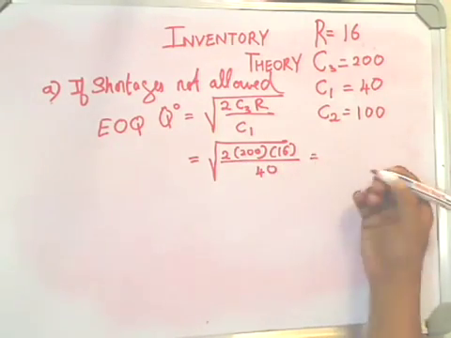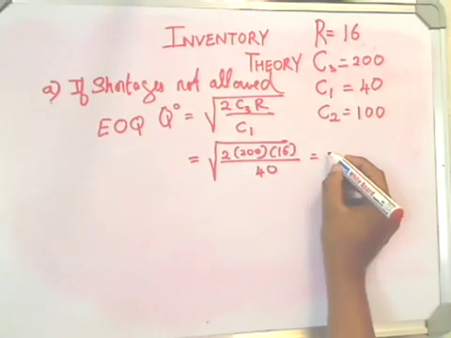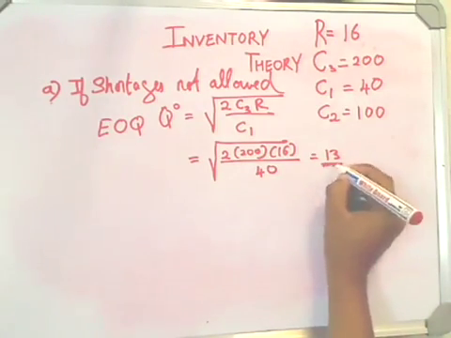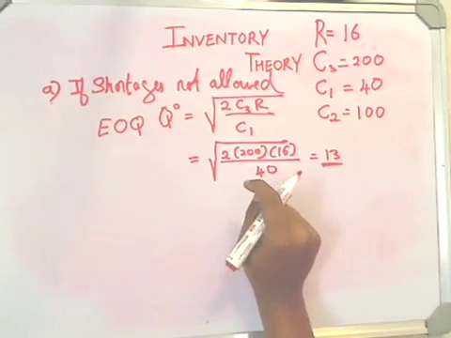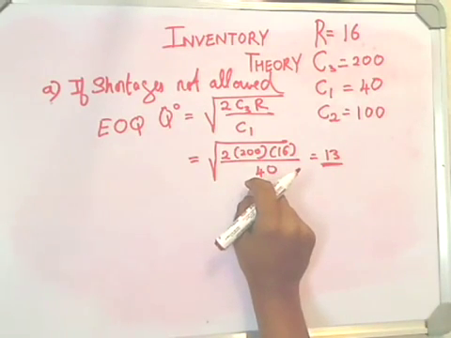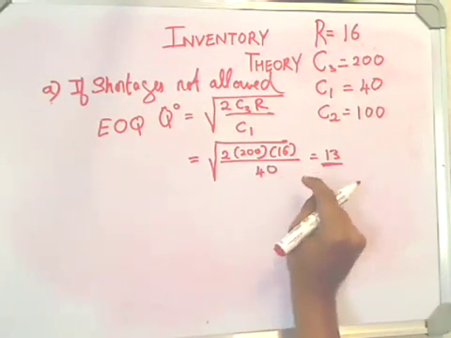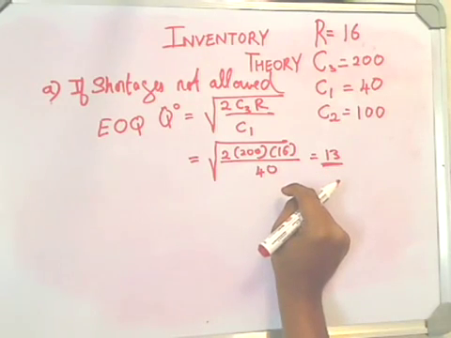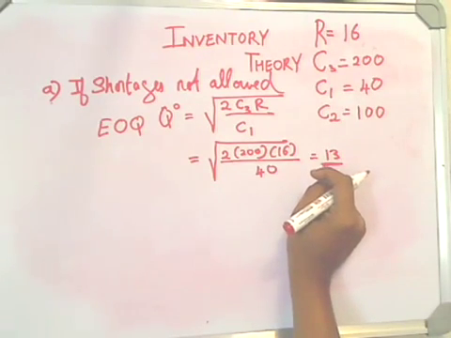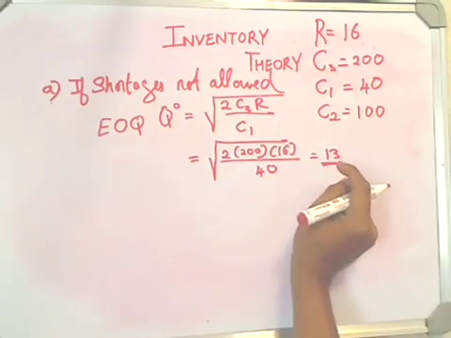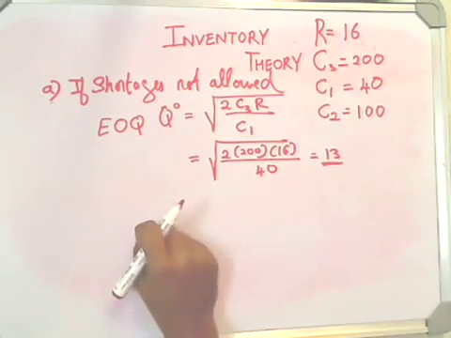Now this would come as 12.6 something, but keep it as a whole number as 13. I tell you to keep this as a whole number because it makes your further calculations easier. Okay, you can keep 12.64 if you want, but not advisable. It makes your calculations a little difficult later.